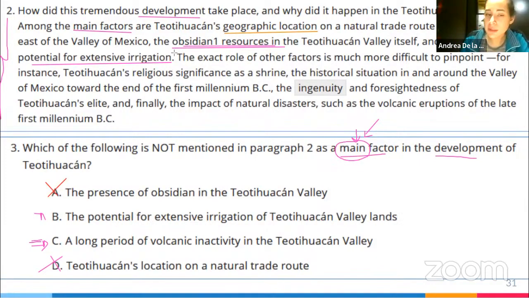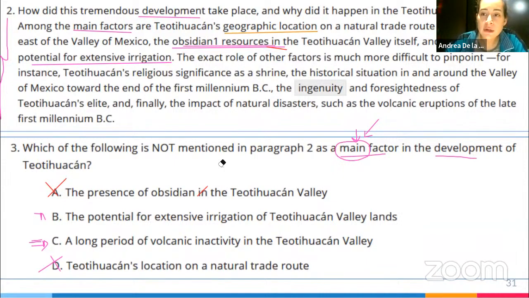So the presence of obsidian is the same in the Teotihuacan Valley. Everything would be different if instead of in, here we had the presence of obsidian near the Teotihuacan Valley. That would change things, wouldn't it? Because it's not the same to say in the Teotihuacan Valley itself than saying near the Teotihuacan Valley. So be careful with those things, make sure that you read everything.